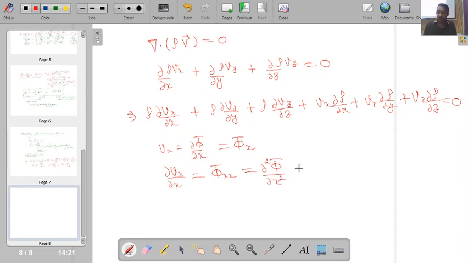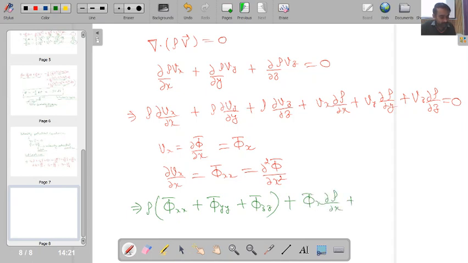If I do these substitutions in my continuity equation, what I will get is rho times (phi bar xx plus phi bar yy plus phi bar zz) plus phi bar x times del rho by del x plus phi bar y times del rho by del y plus phi bar z times del rho by del z equal to 0.